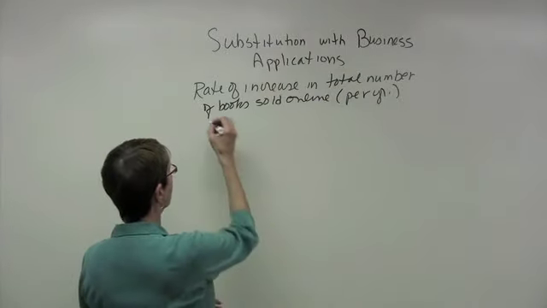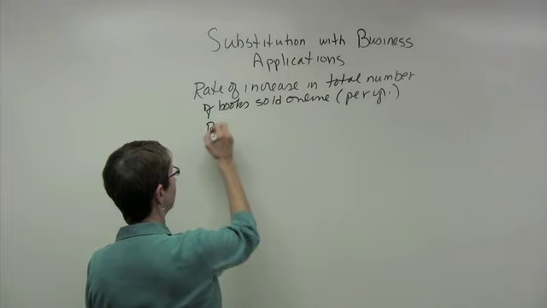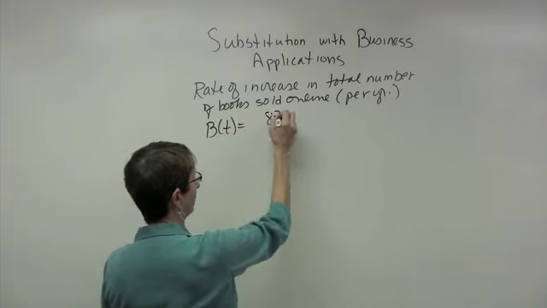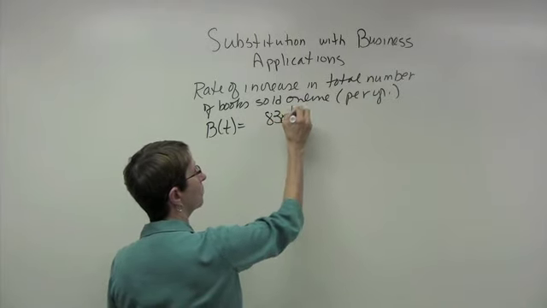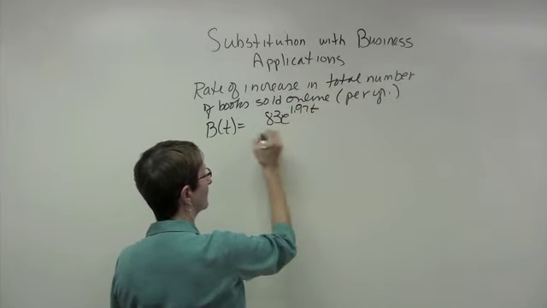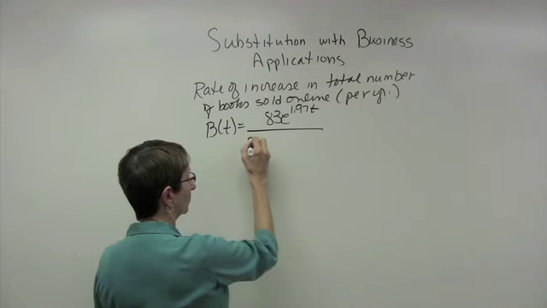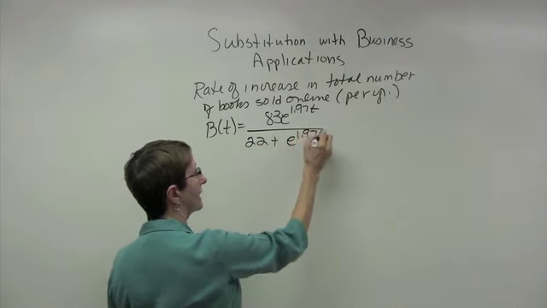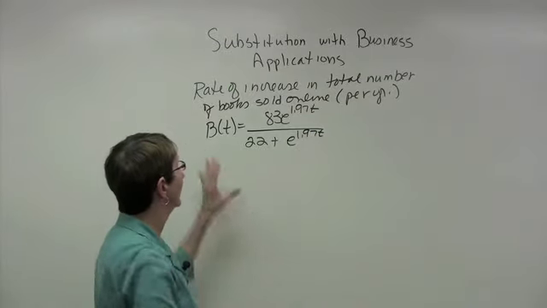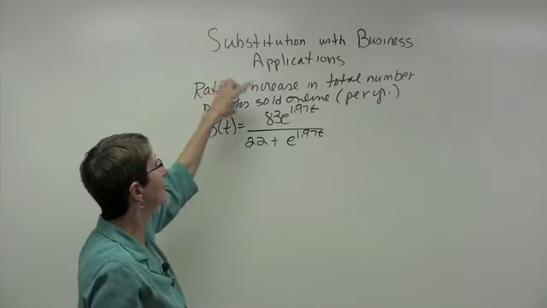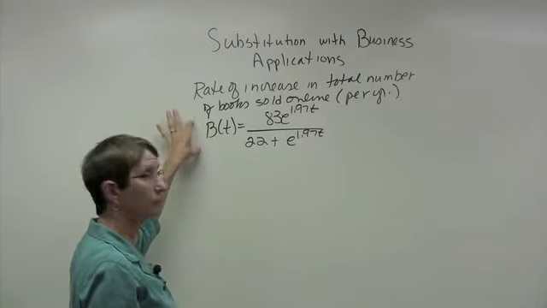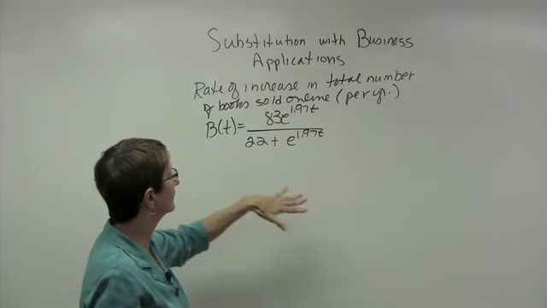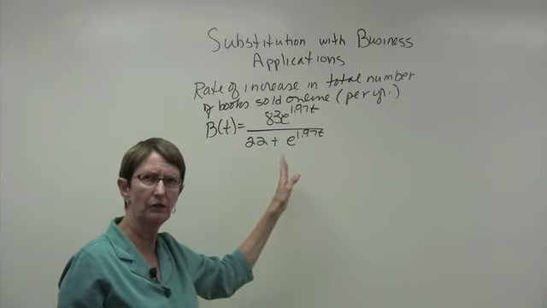So our formula is B of t equal to 83 e to the 1.97t power over 22 plus e to the 1.97t power. This is the rate of increase in the total number of books sold online in millions of books per year. And this is between 1997 and 2000.